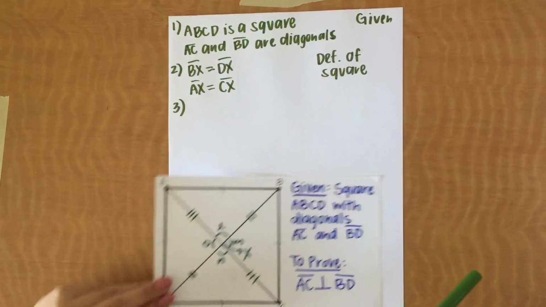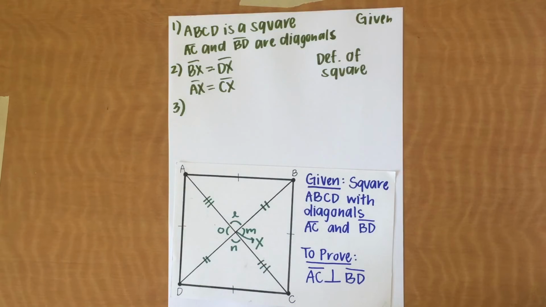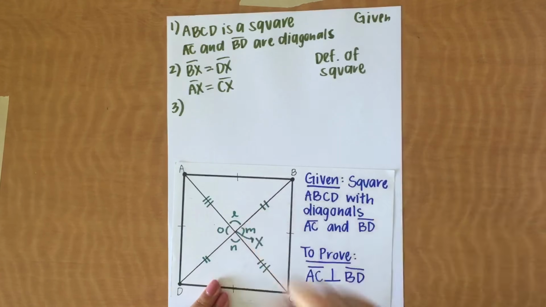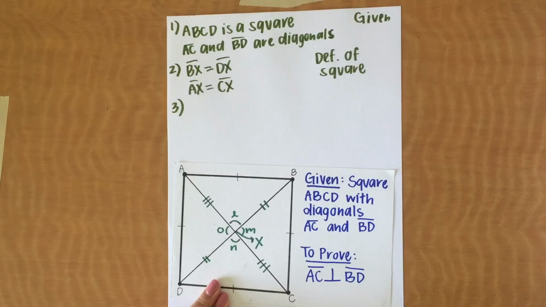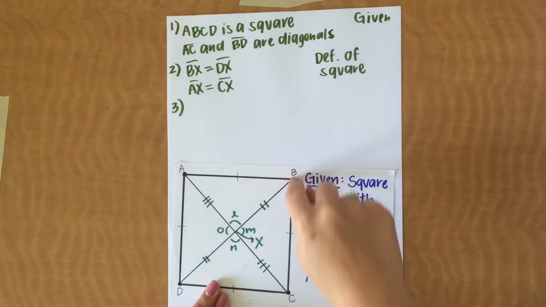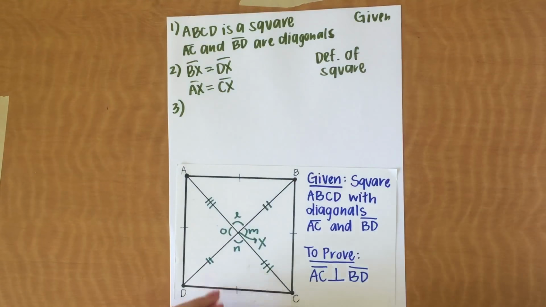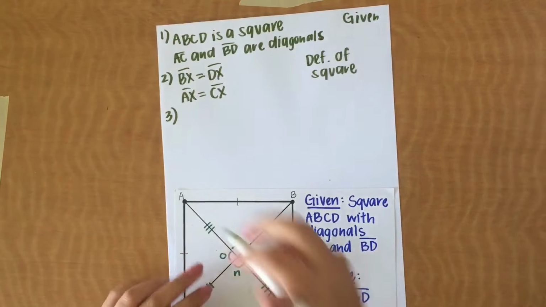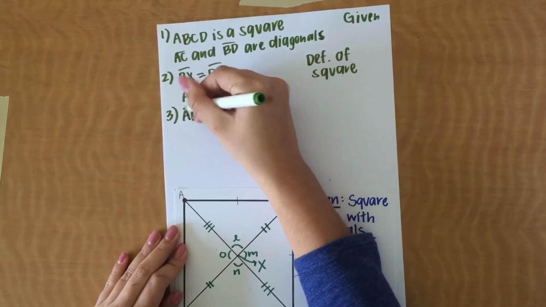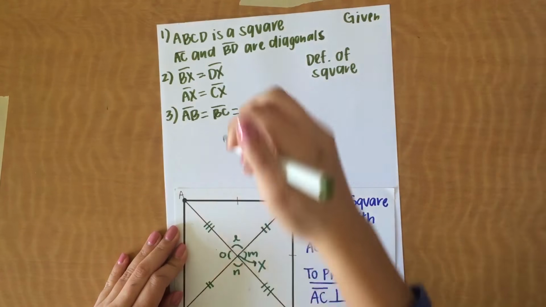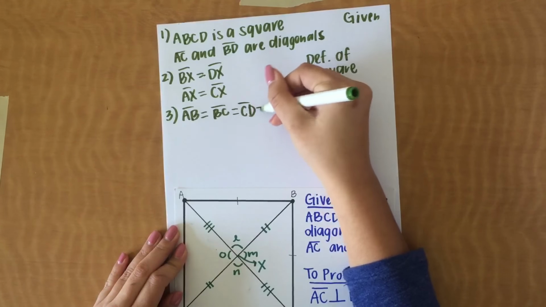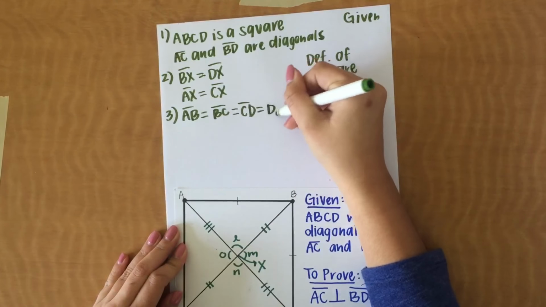Okay, so let's see if we can make any congruences. We know that these are congruent and these are congruent. So look at the triangles. We know all of these sides are congruent because it's a square. We can write down that AB equals BC, which equals CD, which equals DA.